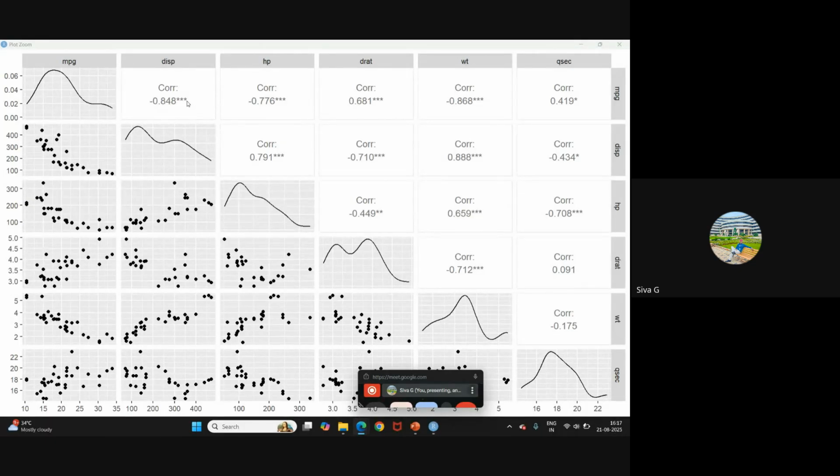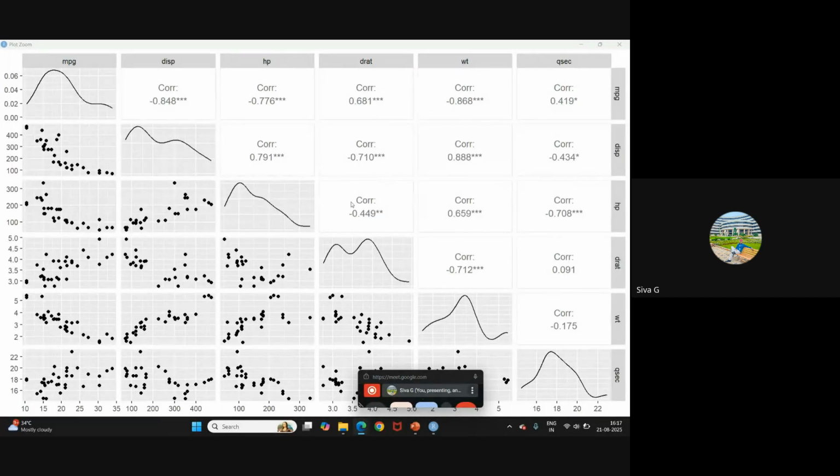3 stars represent highly significant, 2 stars represent the 1% level of significance, and 1 star the 5% level of significance. 3 stars, we can also say a 0% level of significance, 100% confidence. Now see here, the correlation has 3 stars. The correlation between MPG and displacement is highly correlated and highly significant. This one also has high correlation and high significance.